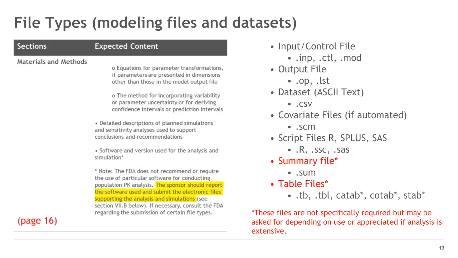Oftentimes, these have key text strings that you can grep or pull in through a program to create some sort of summary file. And I know in the past, reviewers have liked the fact that we include this summary file, which is sort of a one-page high level: here are the parameters, here's their estimation, here's the population, here's the spread, here's the range from our analysis, summarizing the high level content for each run that we present.